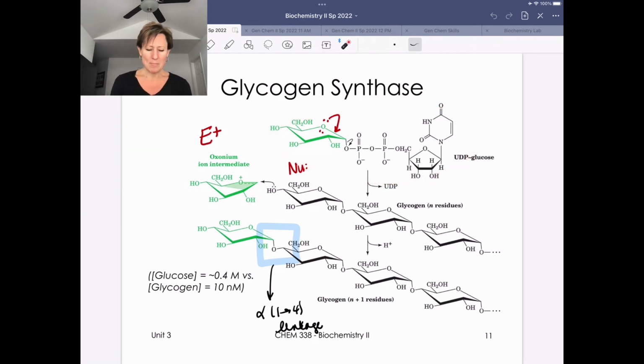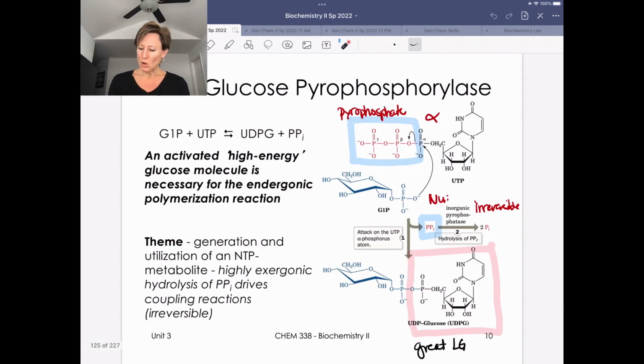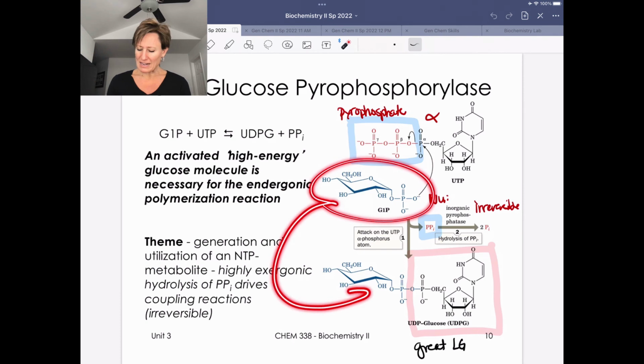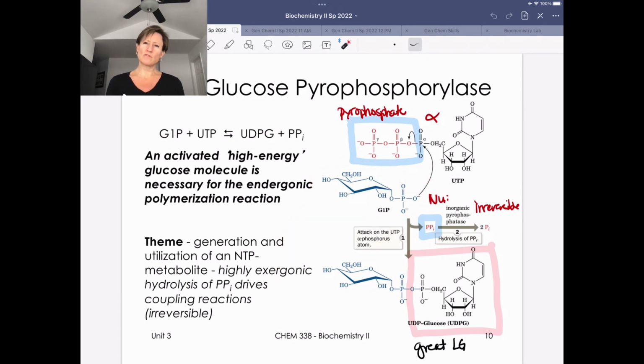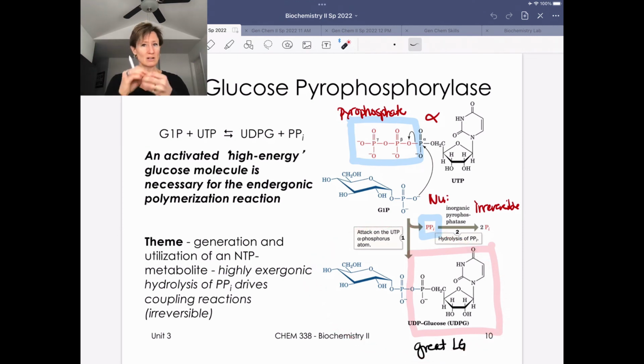And maybe you remember, let's just go back real quick to highlight this. We take glucose 1-phosphate, that phosphate is not even a good leaving group, so we actually activate it. That's what UDP-glucose pyrophosphorylase does. That's our activation step when we're doing our synthesis chemistry. We generate a glucose that's like a super coupling glucose because it's got a great leaving group.